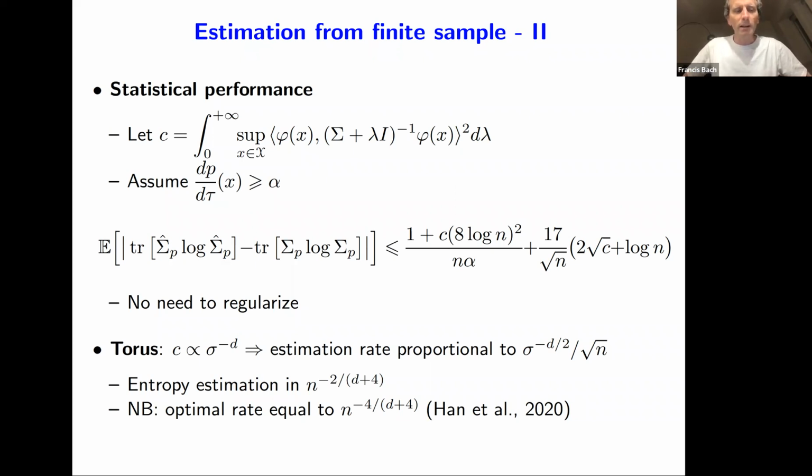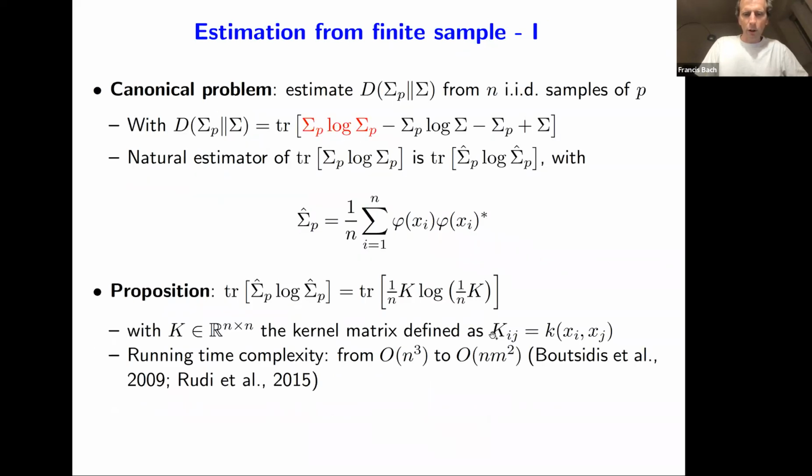My goal is not to estimate true entropy. It's just to relate to existing techniques whose goal is to estimate entropy. It's not made for estimating entropy, but what I find kind of amusing is that you take a kernel matrix from data, you compute that trace, and plus some extra constants, you get an estimate of entropy.